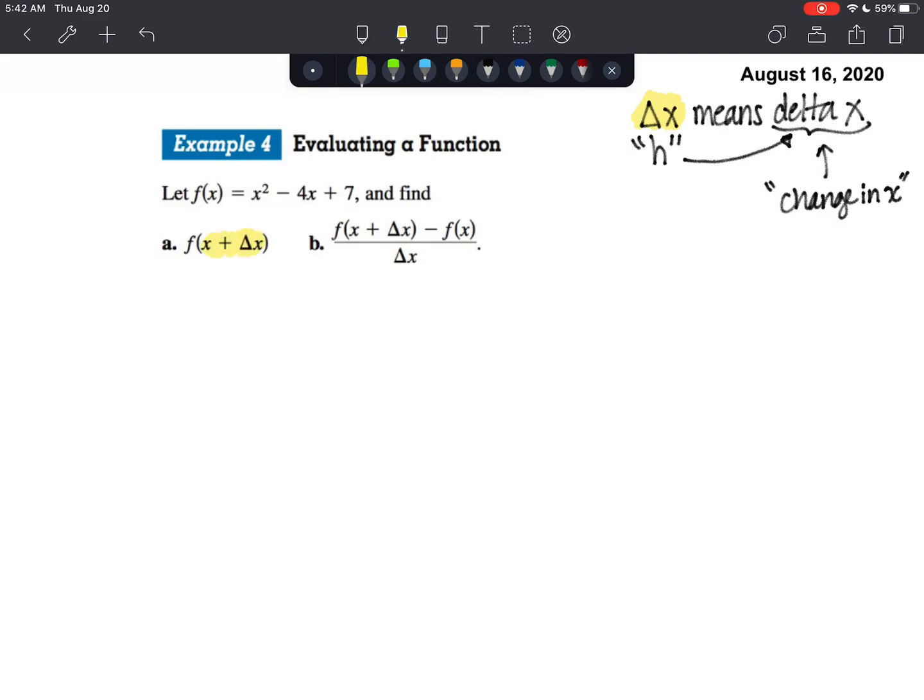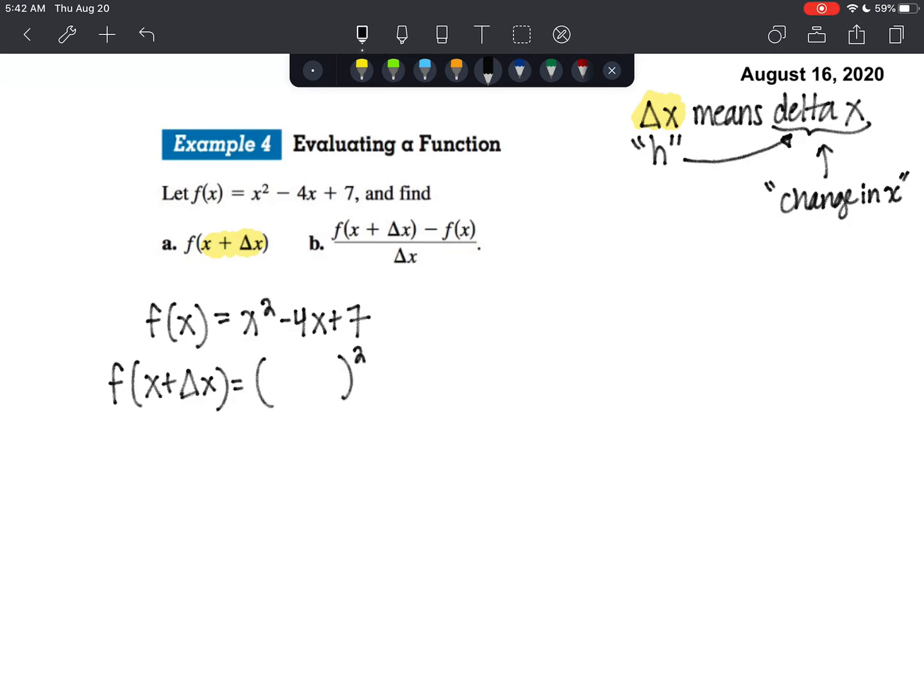So everywhere I see an x in the function f of x, I'm going to replace it with x plus delta x. So f of x plus delta x says replace x with x plus delta x.